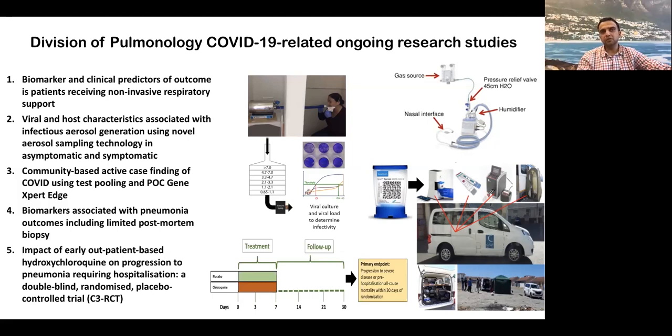Zinc has been shown to be useful in other types of viral pneumonia, and there's also a mechanism via the chloroquine, hydroxychloroquine, that seems to suggest that zinc plays a role in that. But my feeling is those 3 should be taken as supplements. Vitamin D, actually, I think may play a part because it is an immune regulatory vitamin.